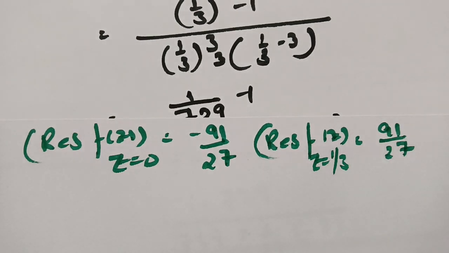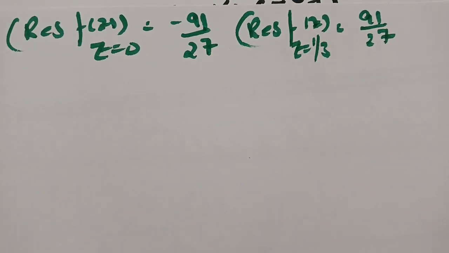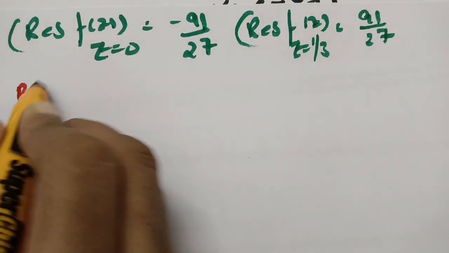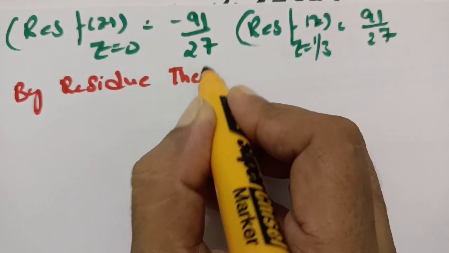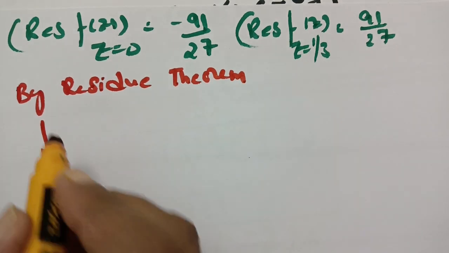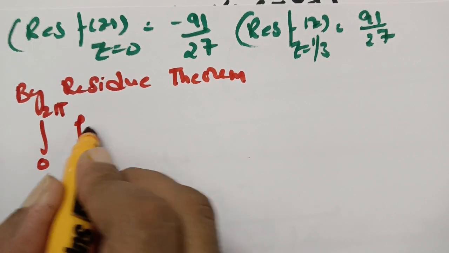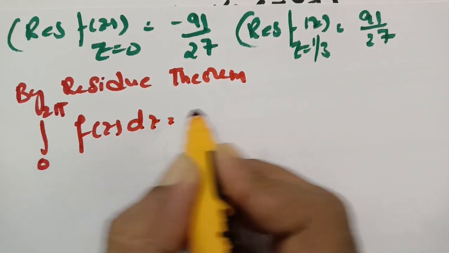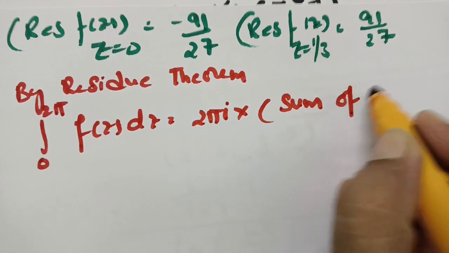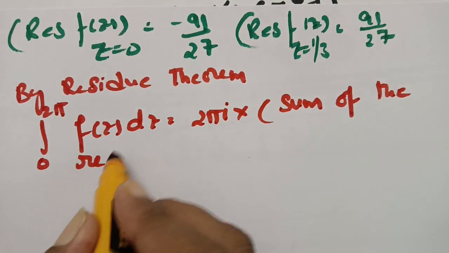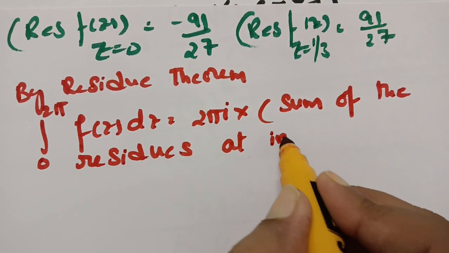Now by the residue theorem, the integral of f of z into dz is nothing but 2 pi I into the sum of the residues at internal poles.